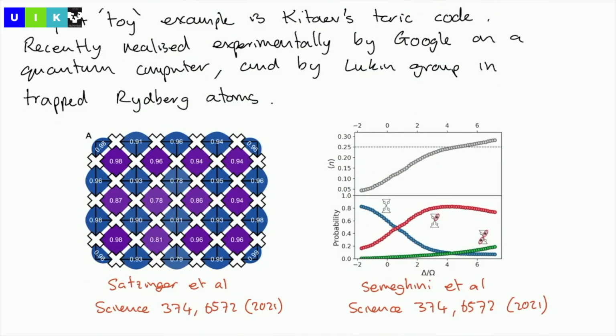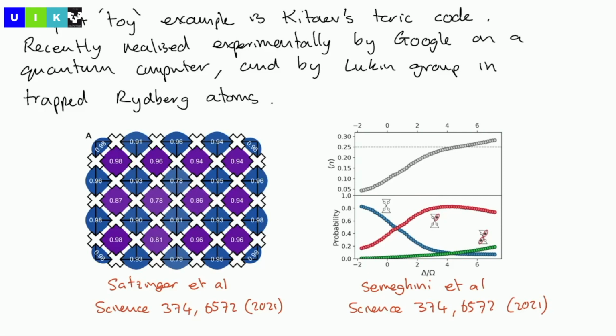And the final example I give is of realizations of Kitaev's toric code. The toric code is a very important example because it's pretty much the simplest topologically ordered system that you can write down. It's also important because it is one of the leading proposals for error correction in quantum computing.